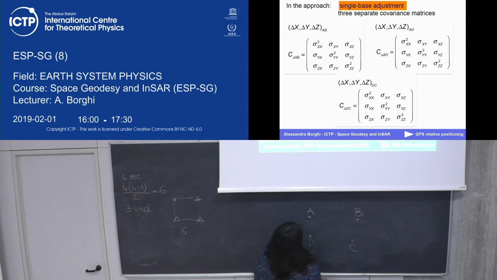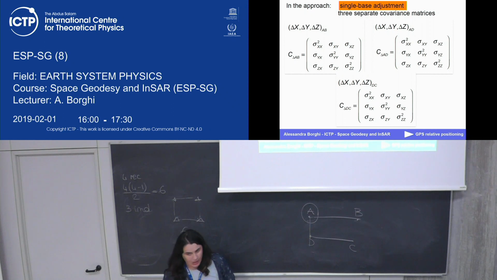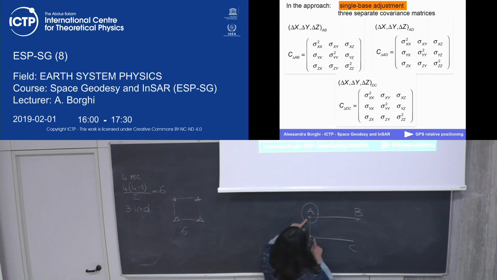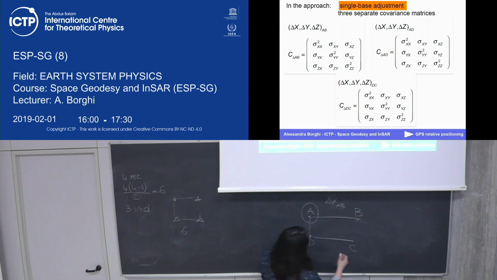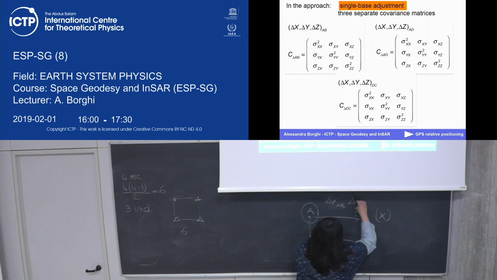For instance, we compute in single base processing this baseline and this baseline. We want to know the coordinate of A. So we have 2 observations that give us the coordinate of A, because we have the baseline, for instance, B. Now we are thinking with the X component of the vector, but I can also write all of them.